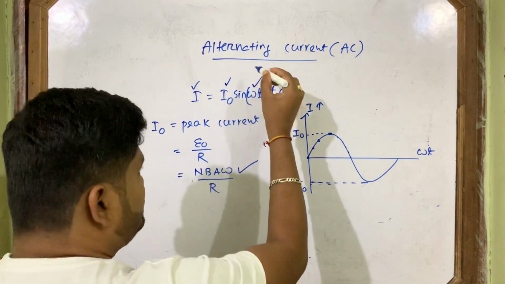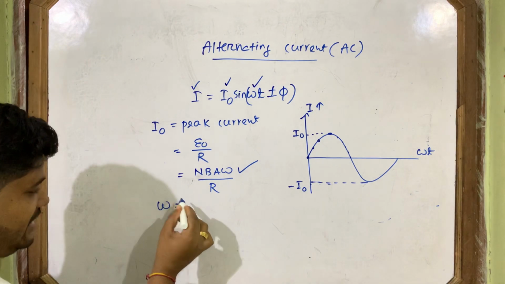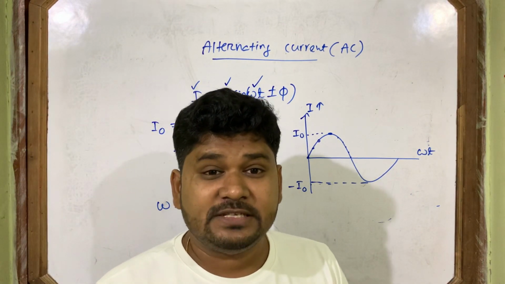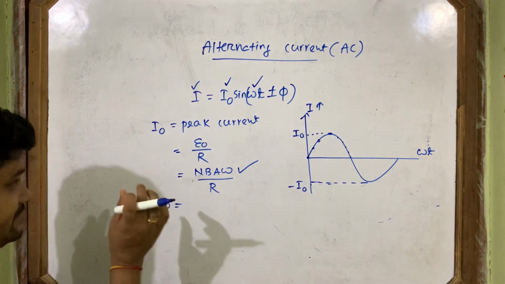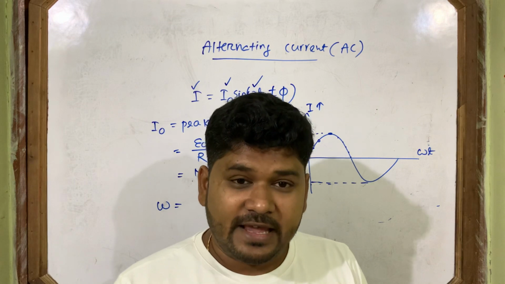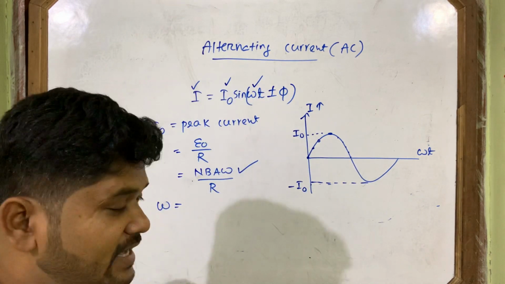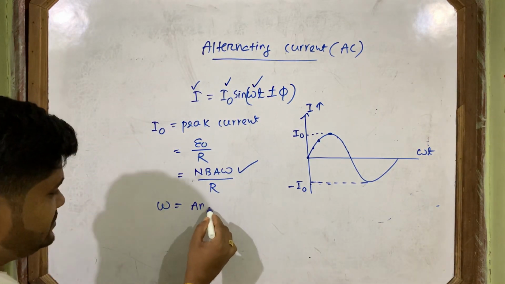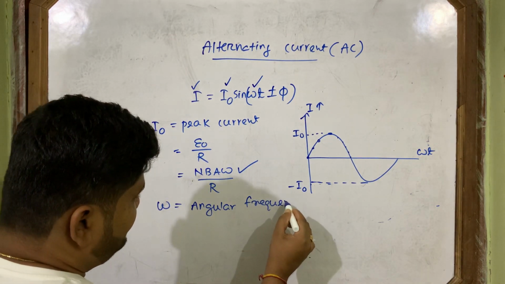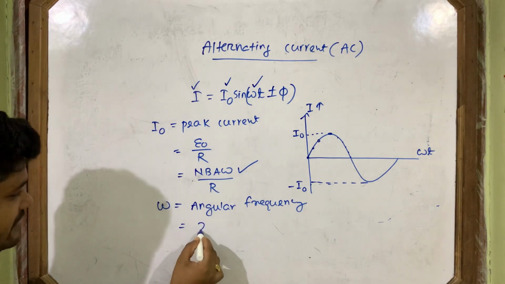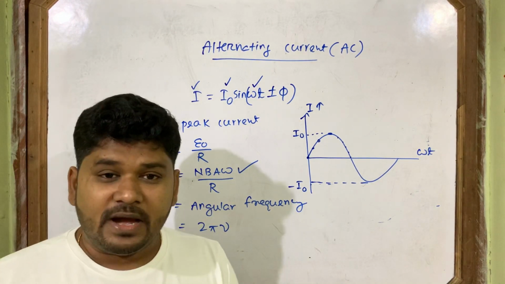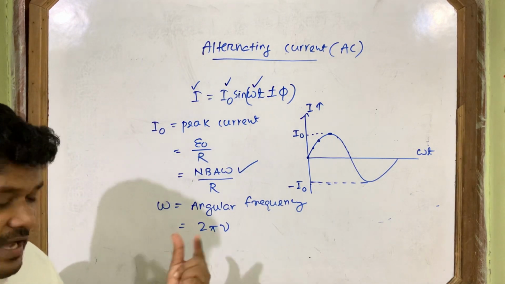Now come to what is omega. Omega is the angular speed of the armature coil of an AC generator. That's omega. Also this omega can be called as angular frequency, where its formula is 2 pi nu. 2 pi nu, the formula of omega.